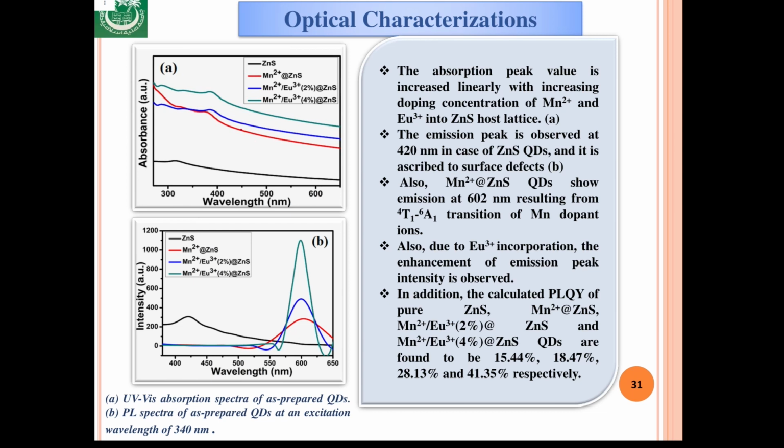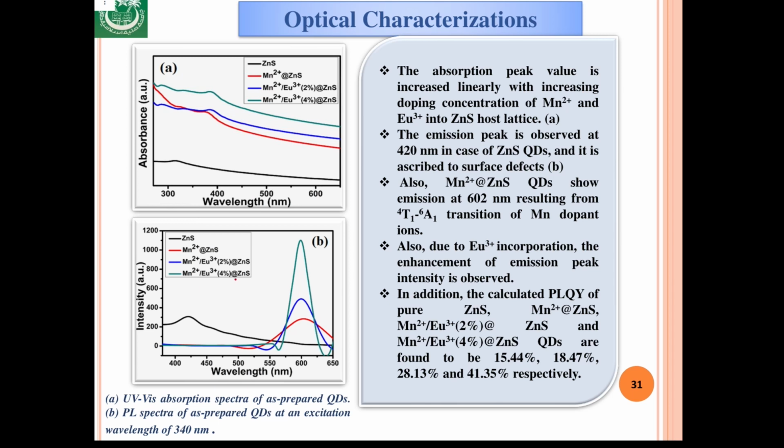The UV visible spectrum also revealed that there is a small shift in the dominant peak observed at around 4 nanometer in the case of the doped zinc sulfide quantum dots as compared with the undoped zinc sulfide quantum dots.